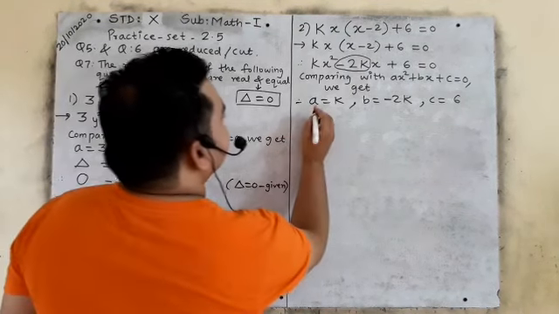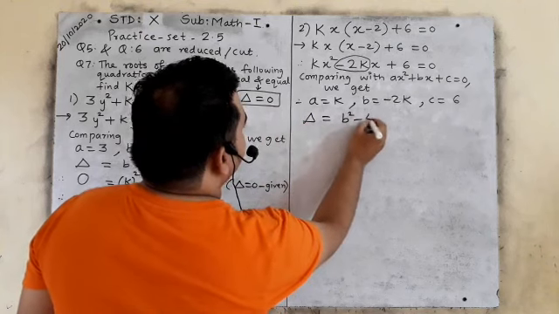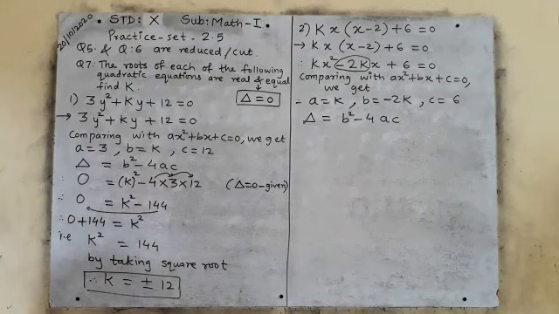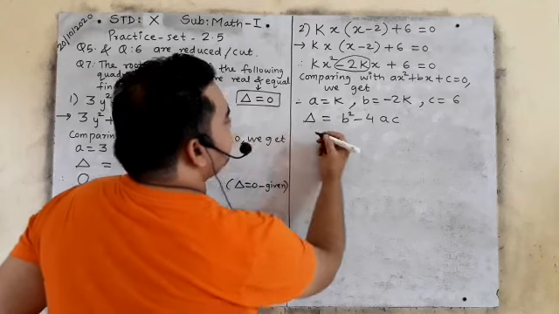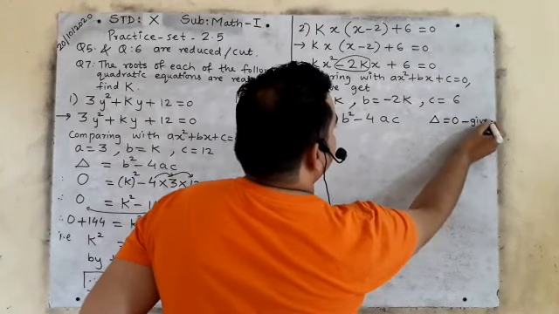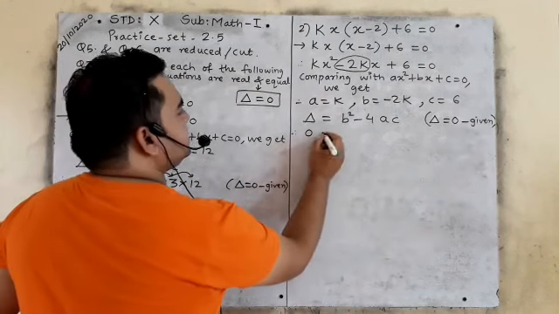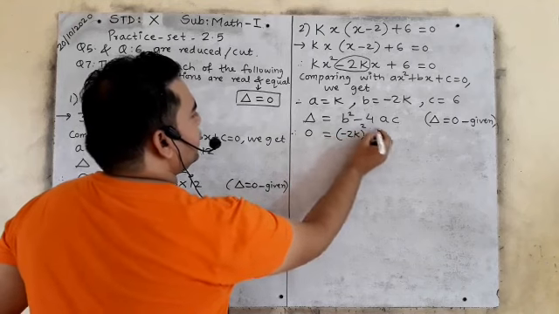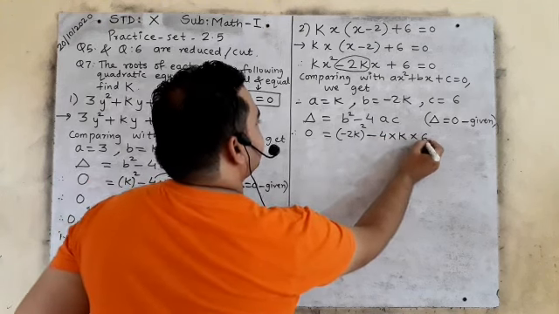Now you will write delta is equal to b square minus 4ac. The delta value is given, that is delta must be 0. It is given in the question, so you will write therefore it is 0. b square means minus 2k whole square, minus 4 multiplied by k multiplied by 6, is 0.